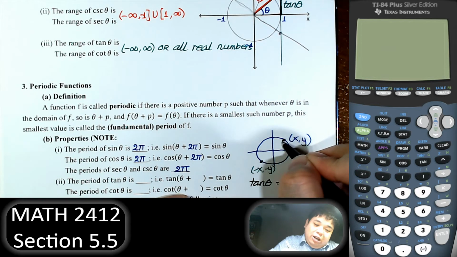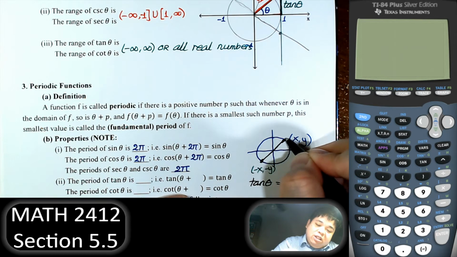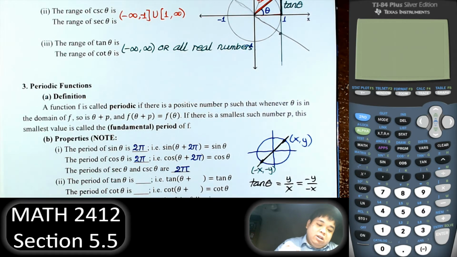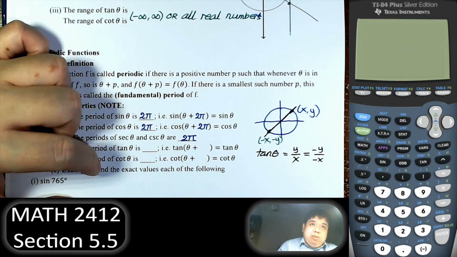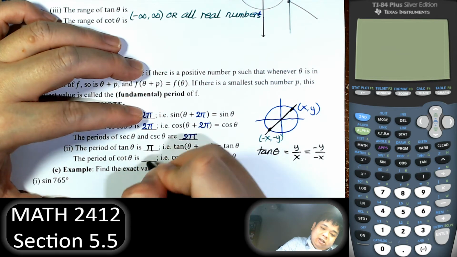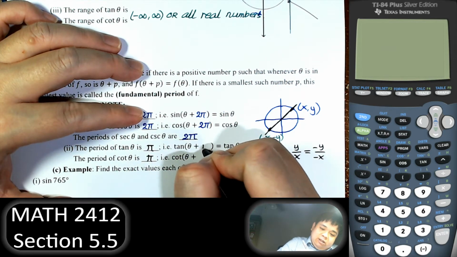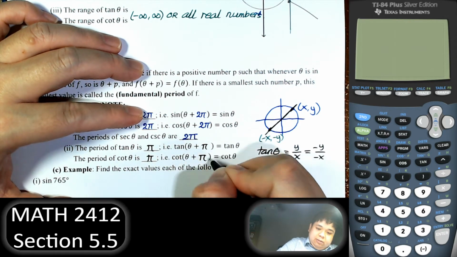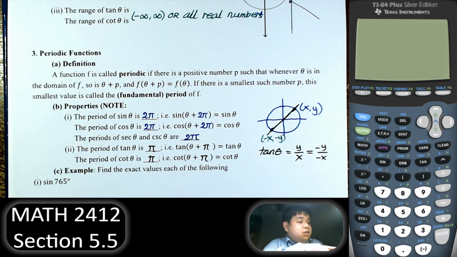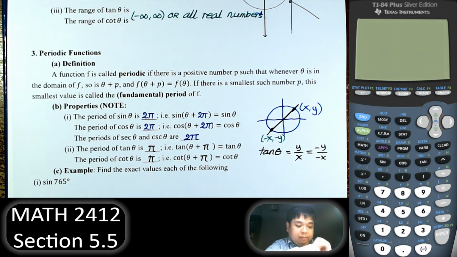So the point x, y and the point negative x, negative y will have the same tangent values. So in that case, we say the period of tangent is pi, cotangent same thing. So tangent and cotangent have period pi, everything else is 2 pi.